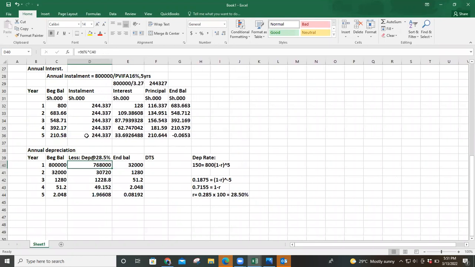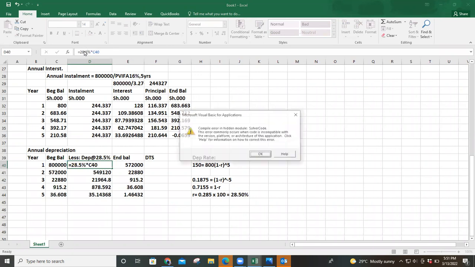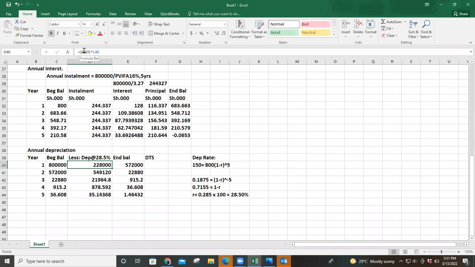So that our depreciation is 28.5% times that one. So that at the end of the year, we are left with roughly the 150,000.